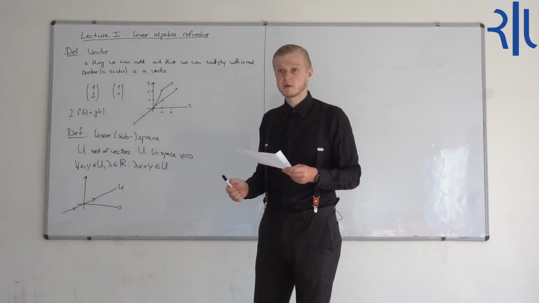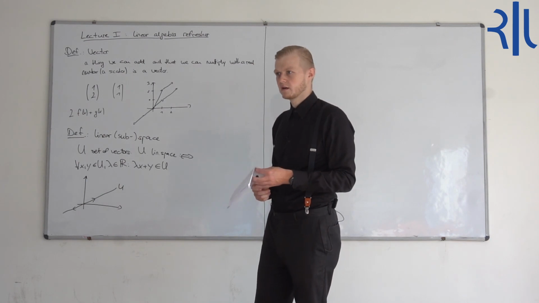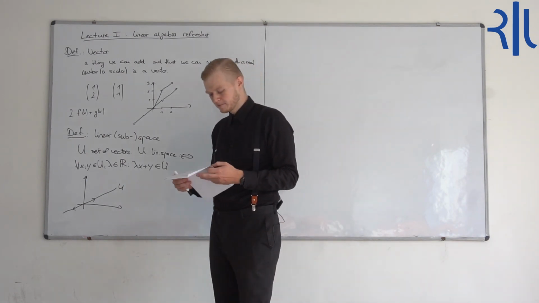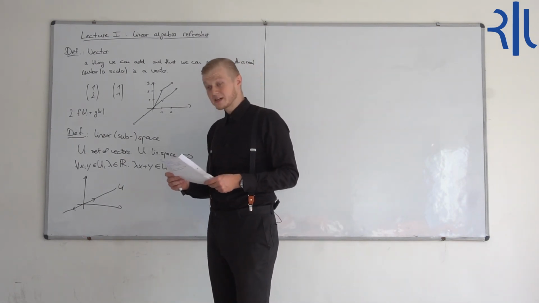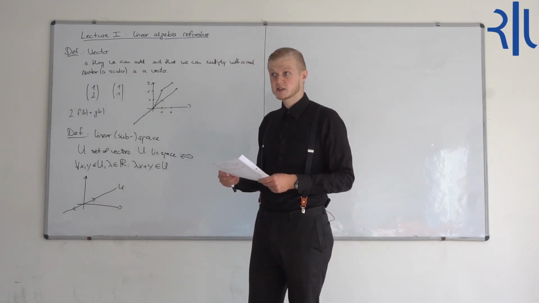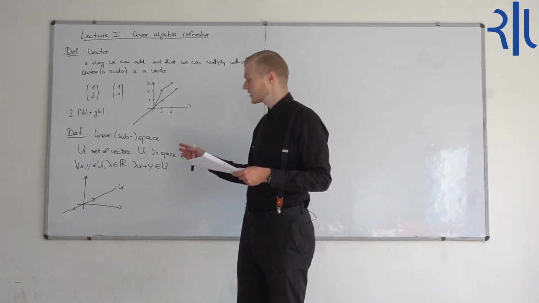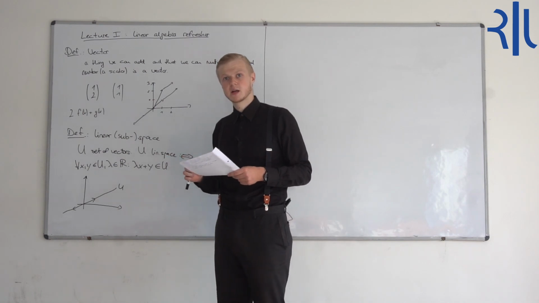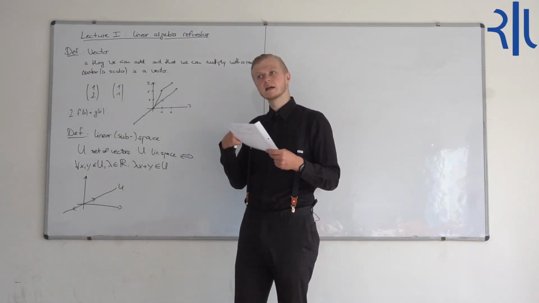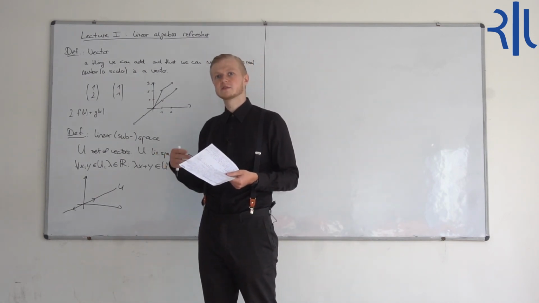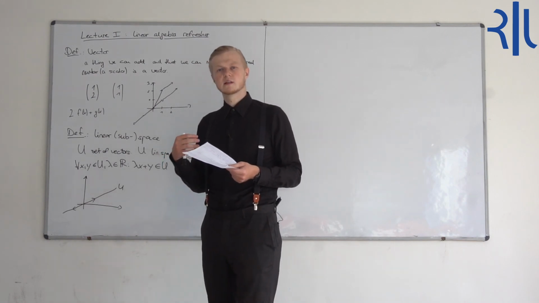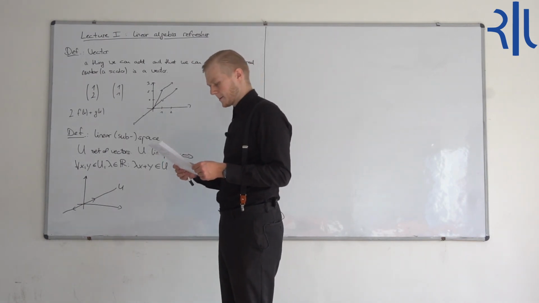So you know that one must definitely be in any set that is a linear subspace. So basically, a linear subspace is closed under addition and scalar multiplication. Closed means no matter how you apply those operations, you never get something that is outside the set.